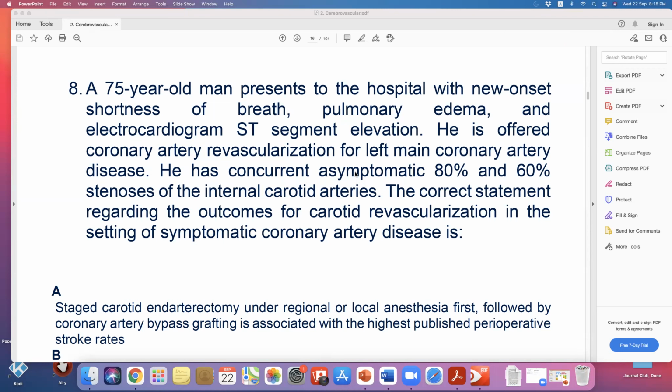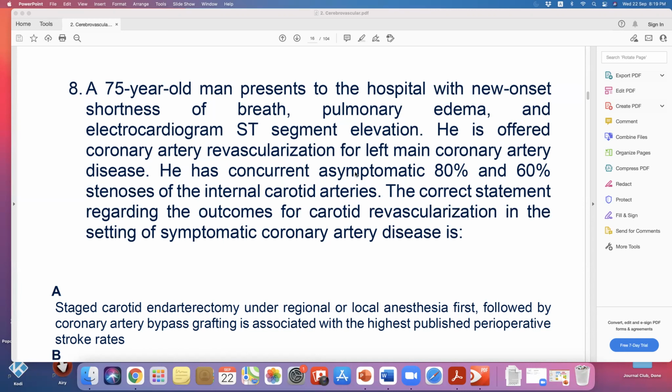Yes. I think the key points in this question are 2. Revascularization of the left main coronary artery, which is an urgency. And the other point is the carotid stenosis is asymptomatic, 80%.